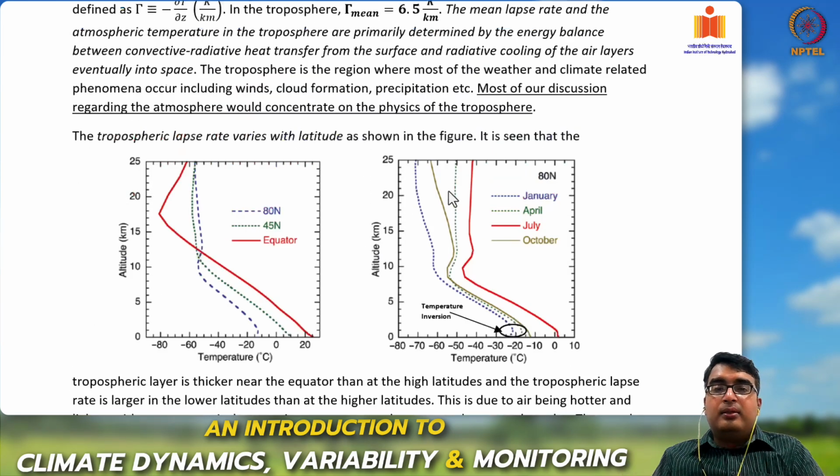Now, one other interesting fact here is, why is the troposphere so thick at the equator and so thin at the poles? Okay. One of the reasons is the equator is hotter. So the air above the equatorial region is also warmer and hence less dense. Warm air has lower density.